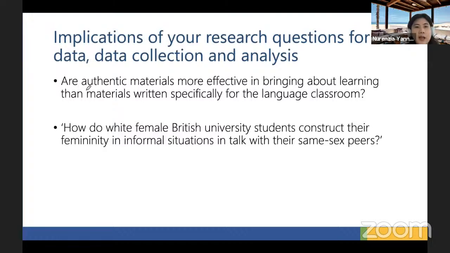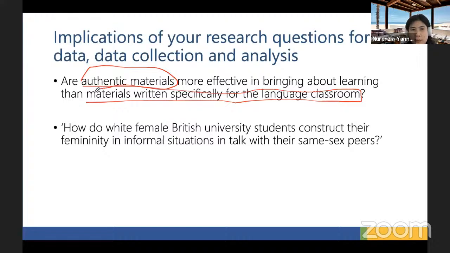For example, are authentic materials more effective in bringing about learning than materials written specifically for the language classroom? Jadi nanti dalam research-nya tentunya kita akan mengkaji authentic materials, kemudian materials written specifically for language classroom.